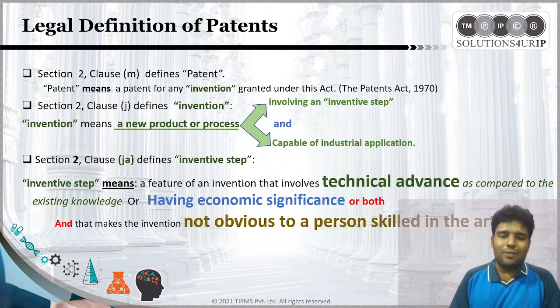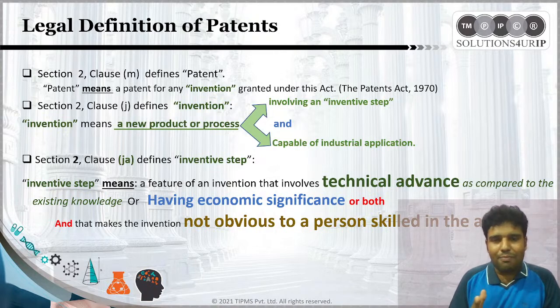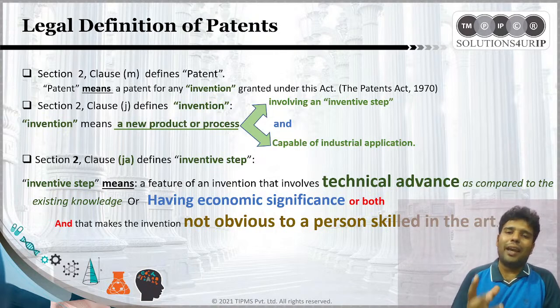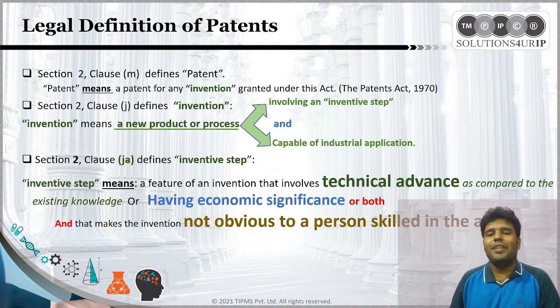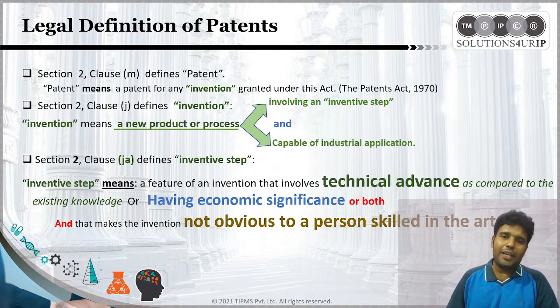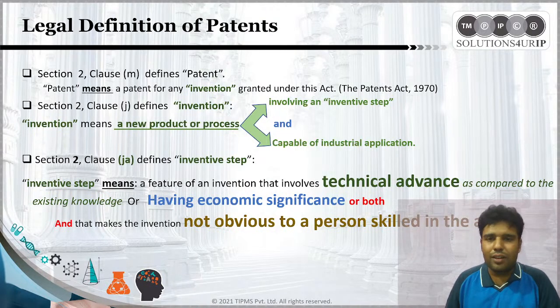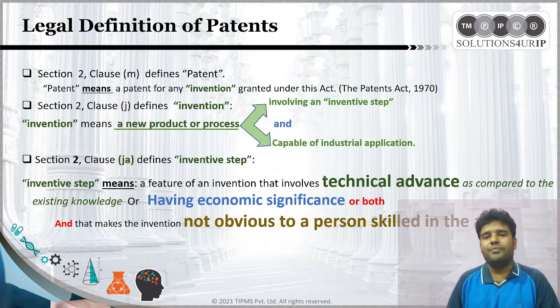Or alternatively, your invention can possess some technical advancement. Now the technical advancement, it is a very subjective term. It is not defined at all anywhere, technical advance. It depends upon you how you establish the technical advancement of your invention, of your patent.